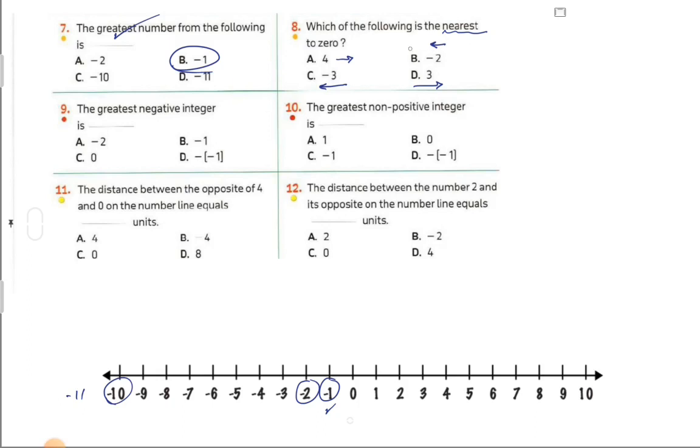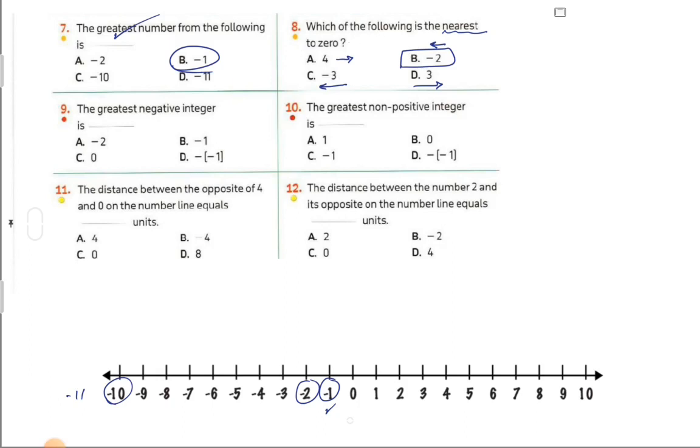Whether it's a positive integer or a negative integer, it's the same. But 4 needs 4 units, 2 needs 2 units, 3 needs 3 units. So negative 2 is the closest, or the nearest, to 0.